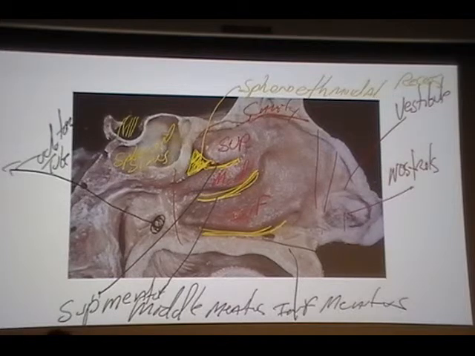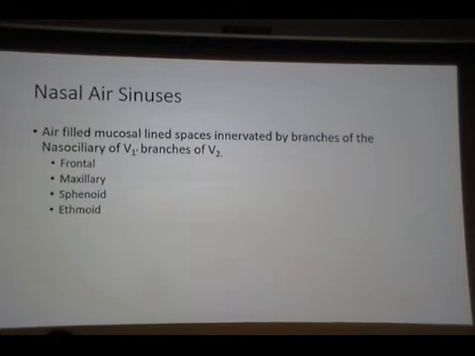All right, now we're going to go a little bit deeper. The nasal region in particular is surrounded by air spaces. These air spaces are called air sinuses. We saw inside the cranial vault venous return spaces called dural venous sinuses, where venous blood was flowing through them.